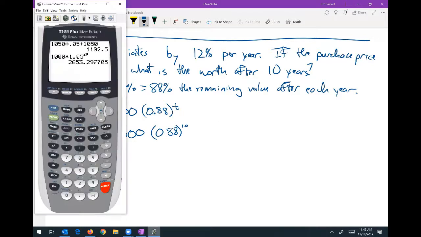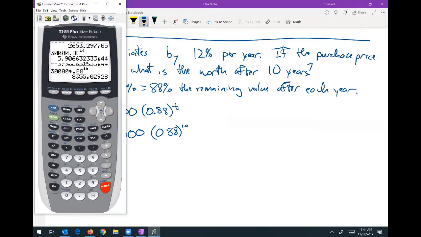So let's type that in the calculator, 30,000 times 0.88 raised to the power 10. It just did 30, I missed the times. That would be helpful. Not minus, times, there we go, 0.88 raised to the power 10.